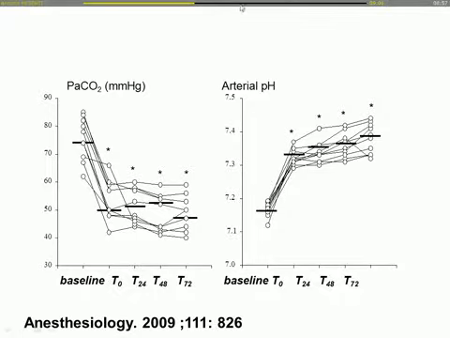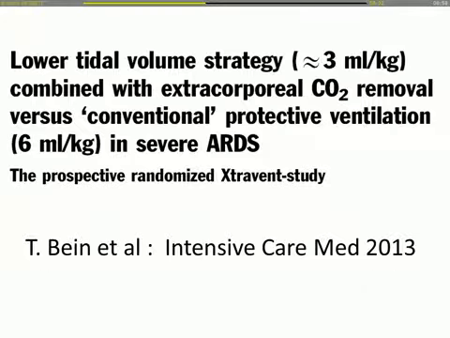And Marco Ranieri showed that he could bring back to normal PCO2 and to normal arterial pH those patients that could not be ventilated at 6 milliliters per kilo because of high plateau pressures, by removing CO2 extracorporeally with a device at low flow, less than 400 milliliters per minute. This opened up a new world, which is ultra-protective ventilation by extracorporeal CO2 removal.